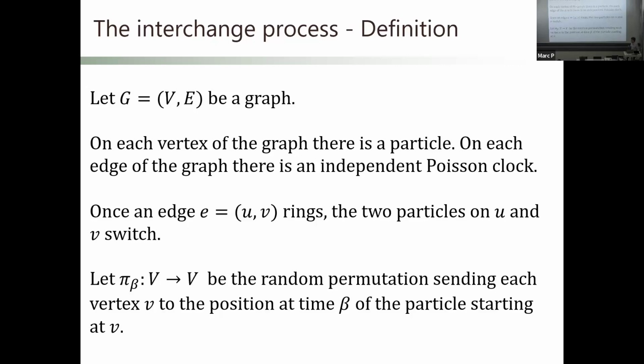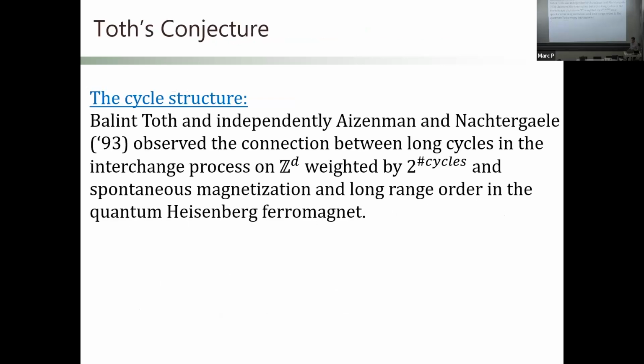But the direction that I'll be motivated by is based on work of Toth, and independently my colleague Michael Aizenman and Nachtergaele in the early 90s, where they connected the interchange process to what's called the quantum Heisenberg ferromagnet.